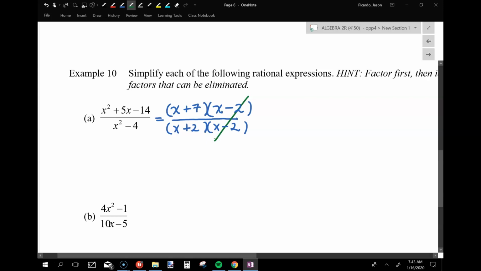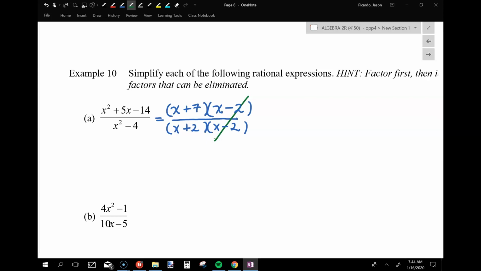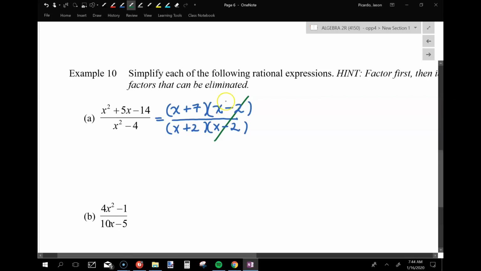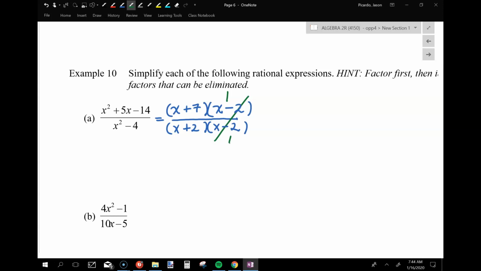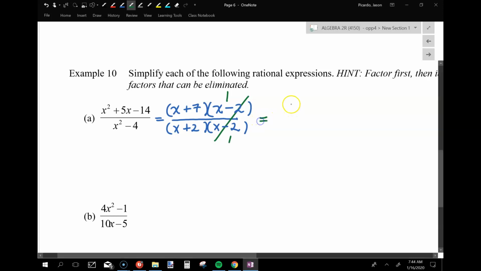Now, when I reduce them, what do they really reduce to be? Well, we saw it on the previous example, 1. Now, we could write 1 over 1. Okay? In fact, it's a good habit to do that. You'll see why in a few minutes. Okay? What's left? X plus 7 over x plus 2.